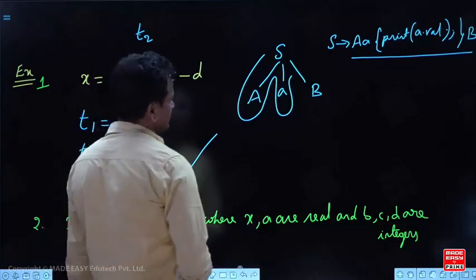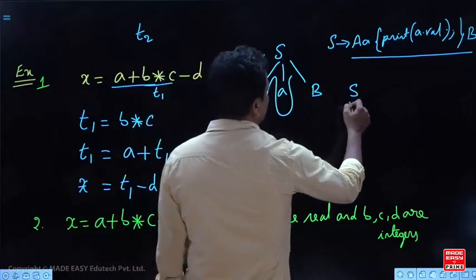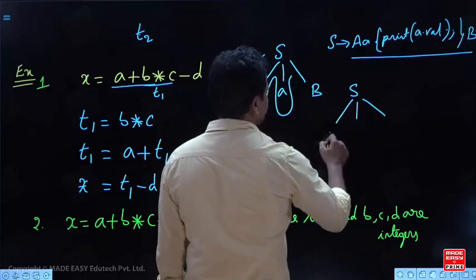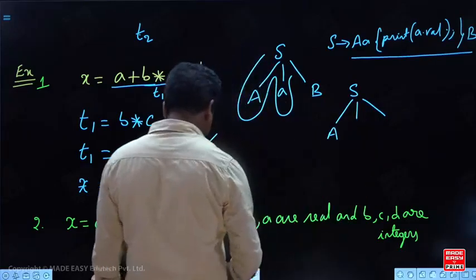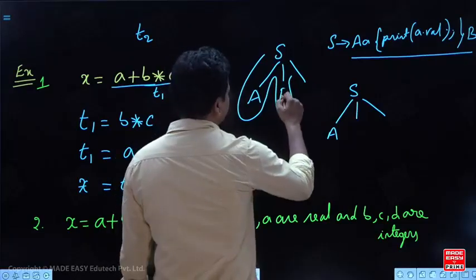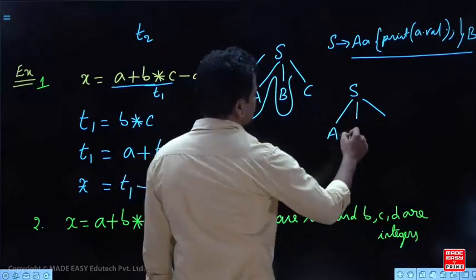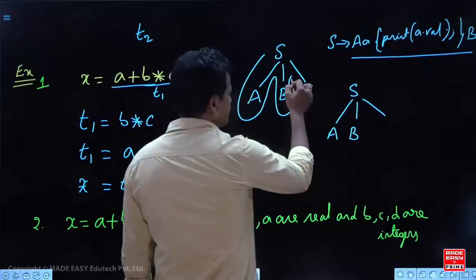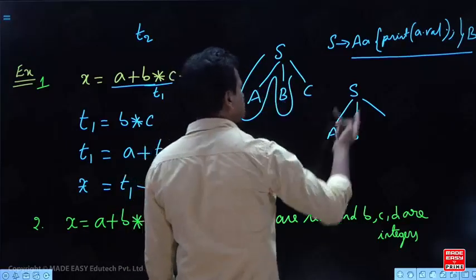So what I do here, I will introduce a new variable. Let it be ABC, this is A, B, C. Here I want to print, so the output should not be changed.